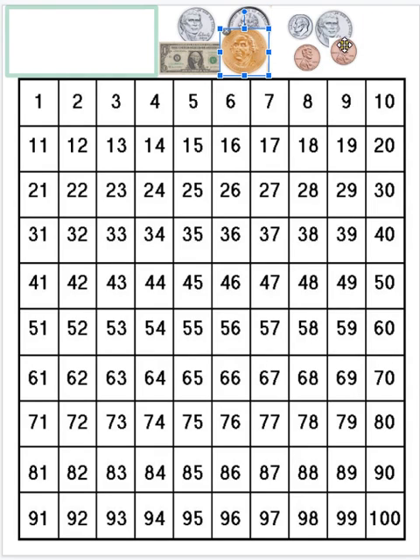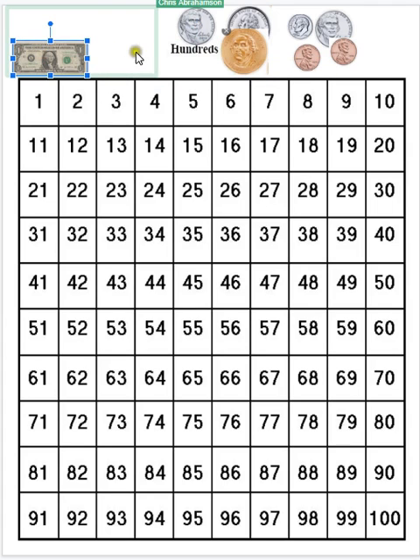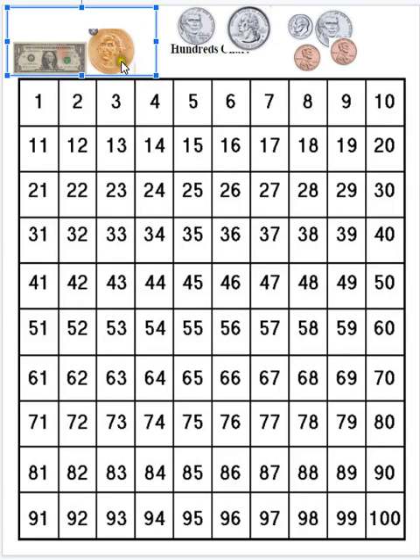And just like last time, we're going to put all of our money in order from greatest value to least value. So we know that $1 is worth 100 cents. Although it's not a coin, it would be the thing that has the most value, so we'll put that first. And the other dollar we have here is the coin. We could put that next. They're both worth the same, so it wouldn't matter which one I put first.